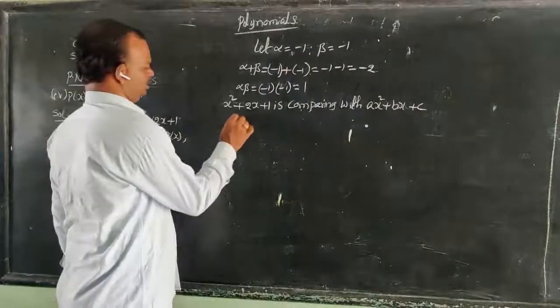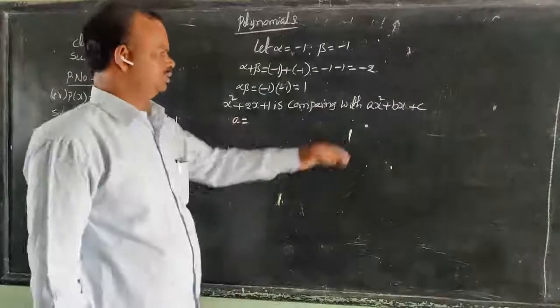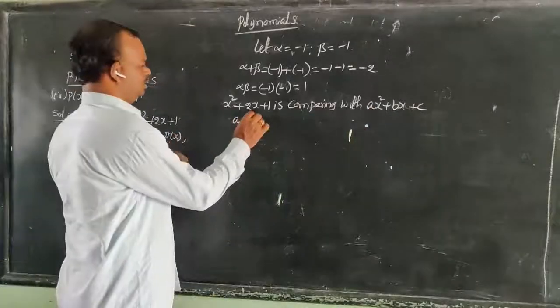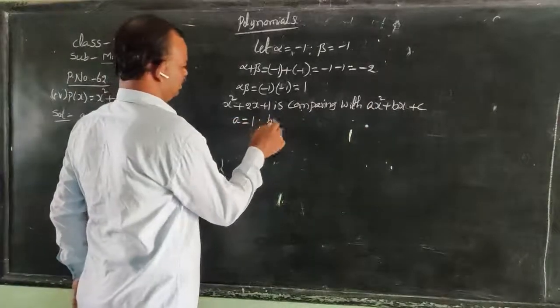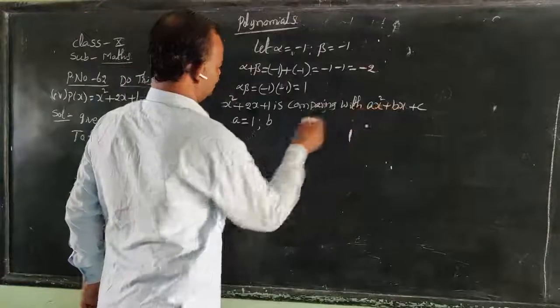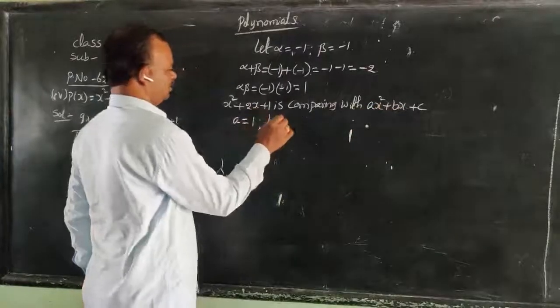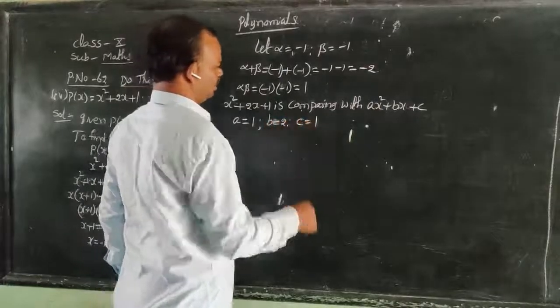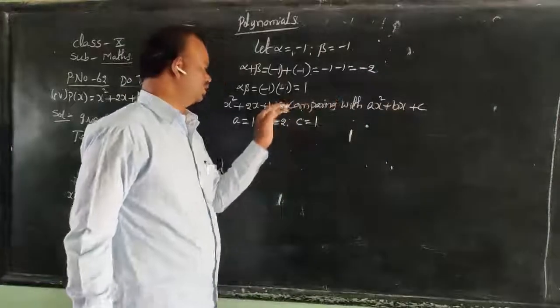These values are: a is the coefficient of x square, which is 1; b is the coefficient of x, which is 2; the constant term c is 1.